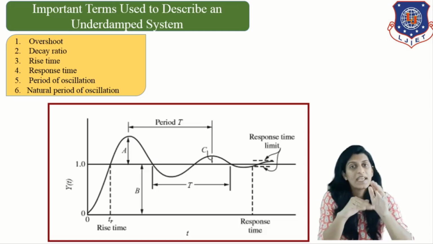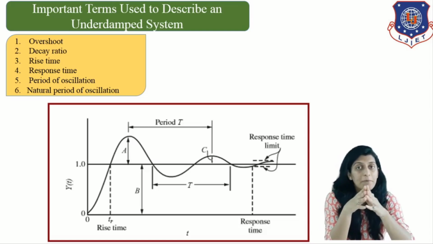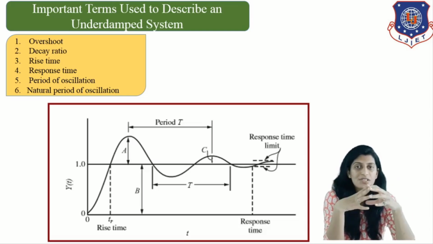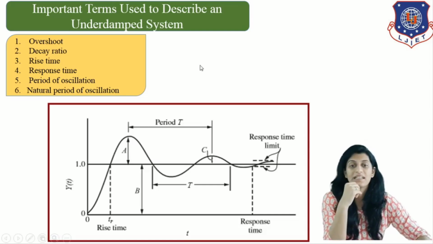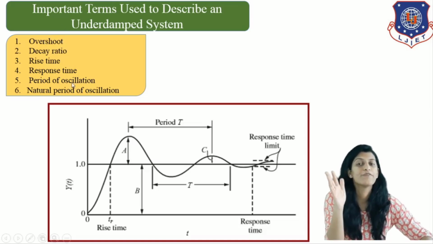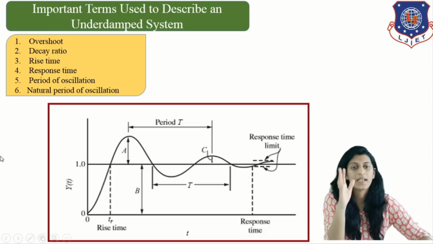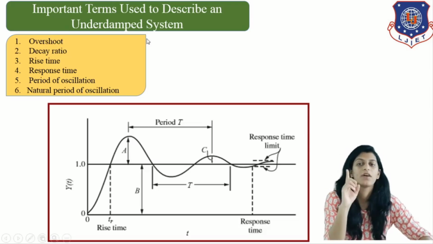So, to explain the condition of under damped, we have different terminologies and definitions which we need to understand. As you can see in this list, there are 6 different terms used to explain an under damped system.